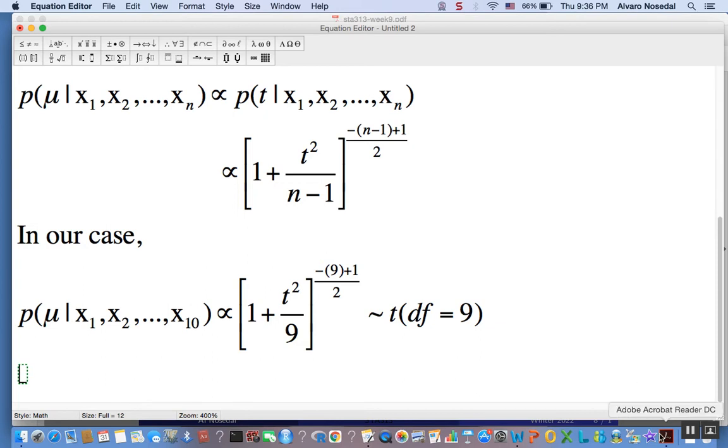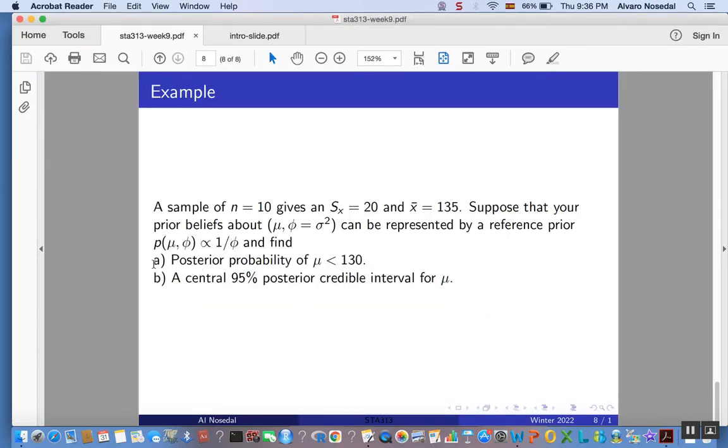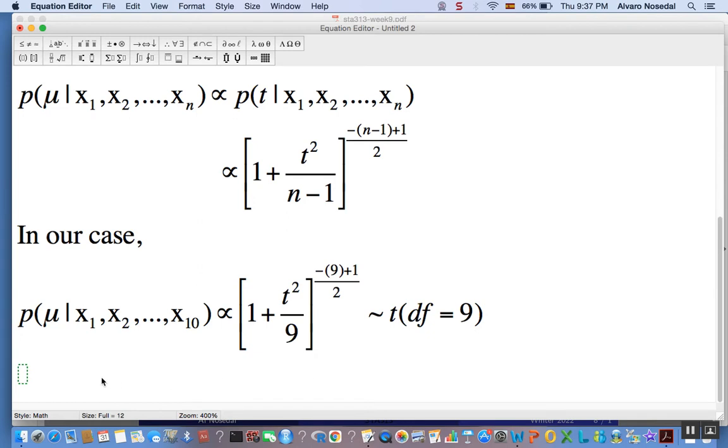Remember that the first question that we want to answer is to find the posterior probability that the average number of miles that can be driven on a set of these batteries is less than 130 miles. So let me rewrite that problem. So what we want is something like this.